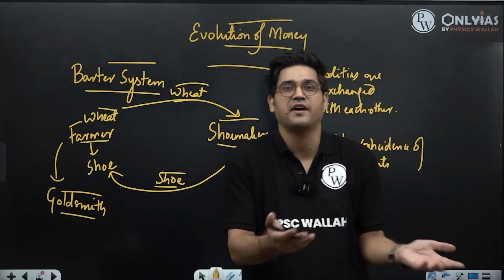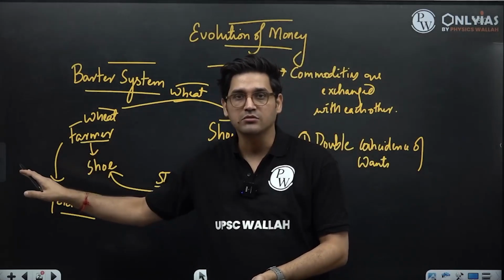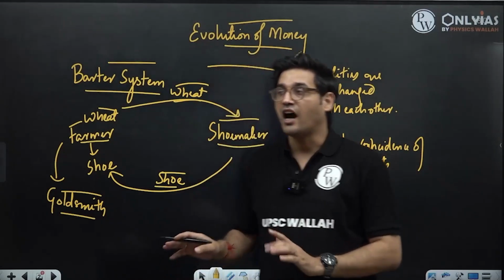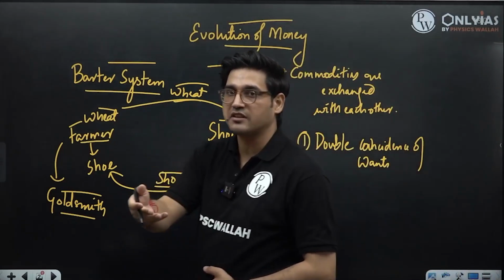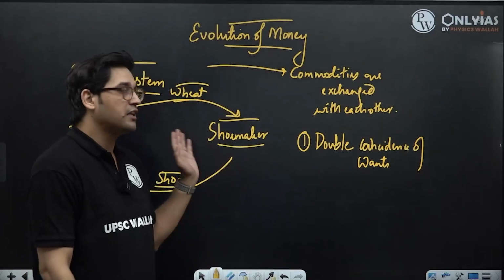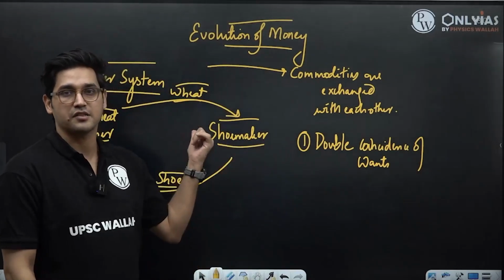What if he has many farms of his own? He does not need that wheat. Is he going to give me gold in exchange? Clearly not. The idea here is, unless there is a double coincidence of wants, that means what I want the other person has and what he wants I have, there is going to be no transaction. That's a big problem under the barter system.